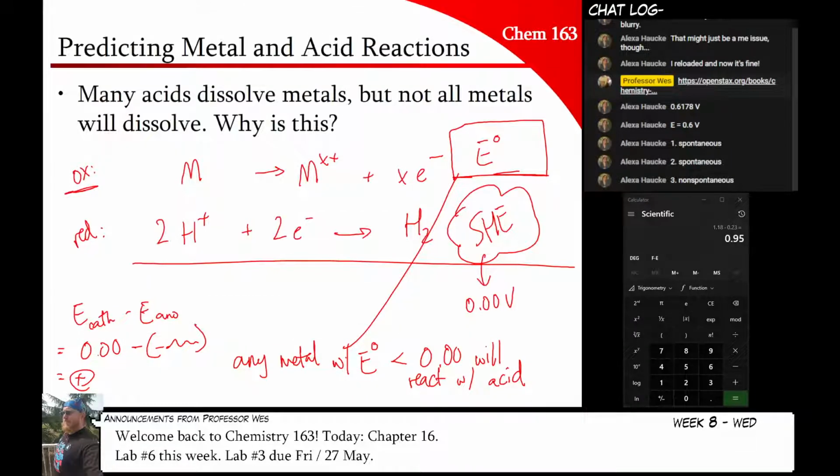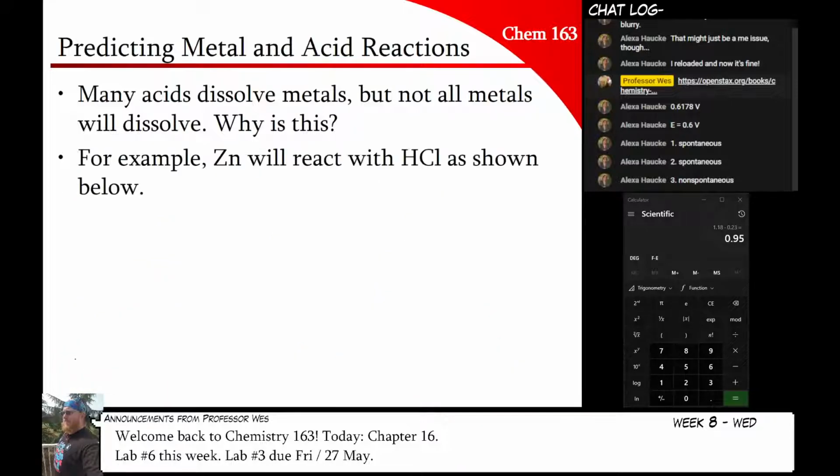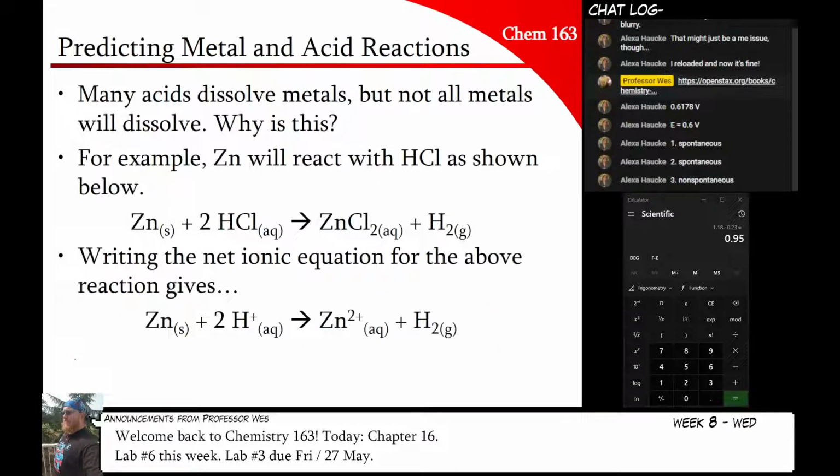So most metals do react with acids, and it's because nearly all of them have negative E values for their standard reduction potential. So that's what these slides are going to walk through: if I write out the reaction with acid here, I get this, and this part that I'm boxing in, that's the standard hydrogen electrode.